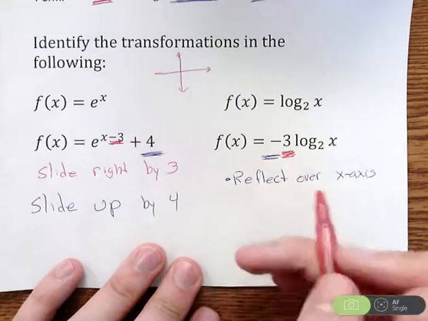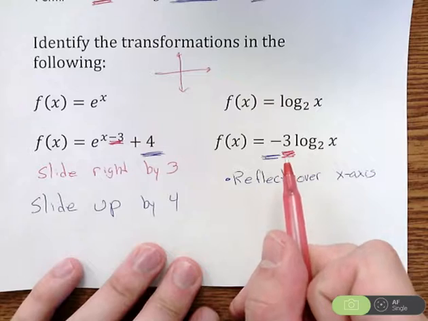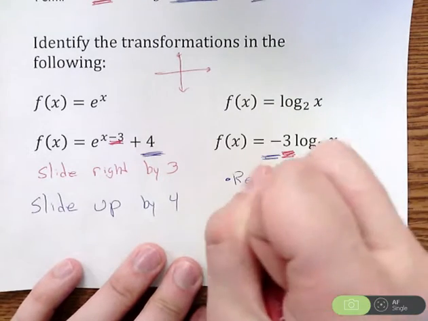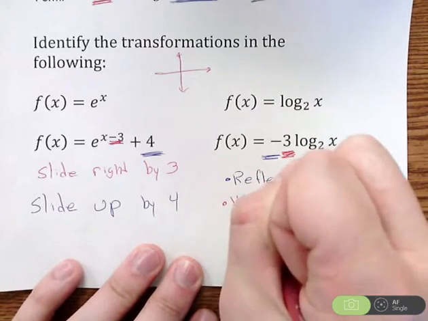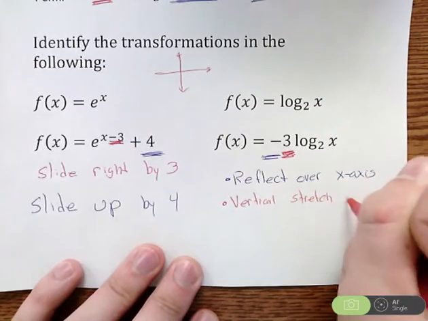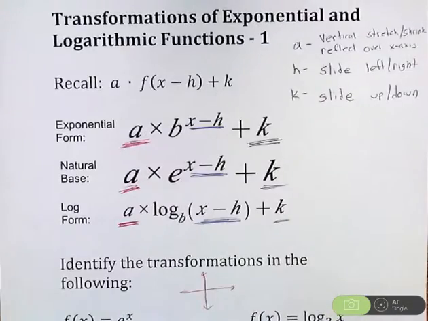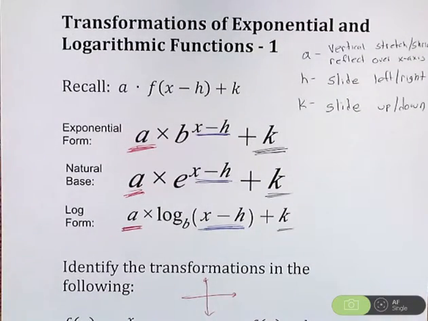The way you could think of it is if you took your height and multiplied it by 3, would you get taller or shorter? Well, I would get taller, so that is a vertical stretch by 3. And that is the first video on transformations of exponential and logarithmic functions.